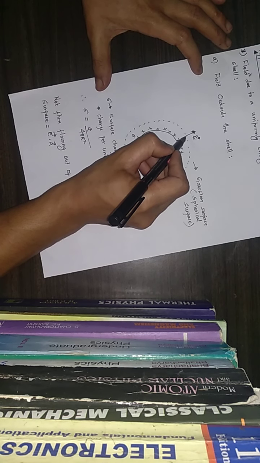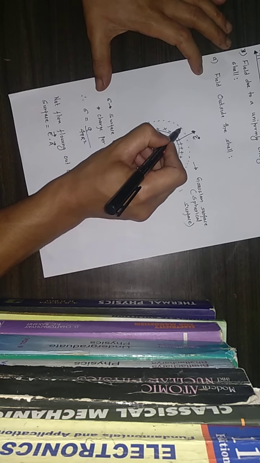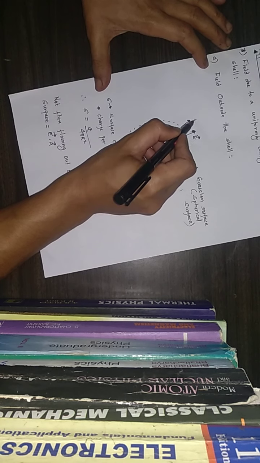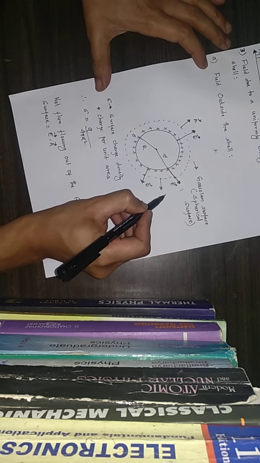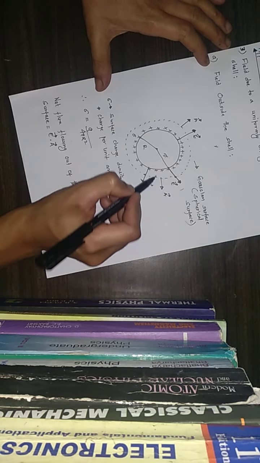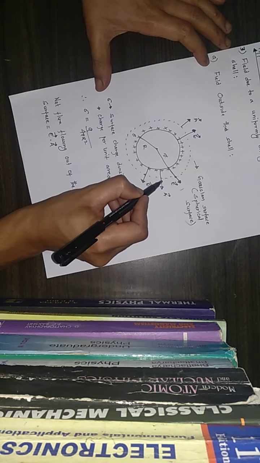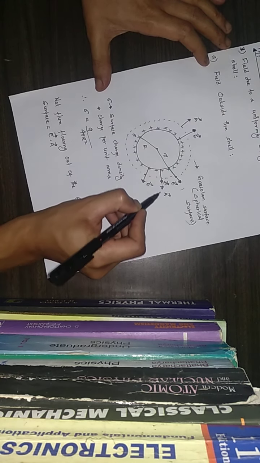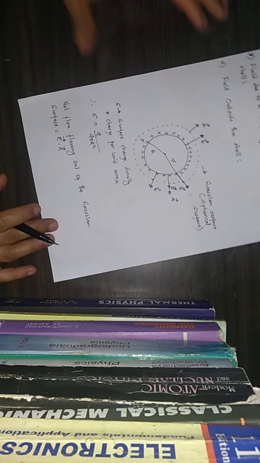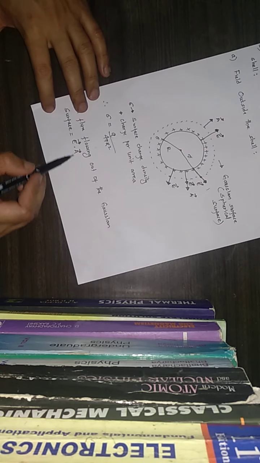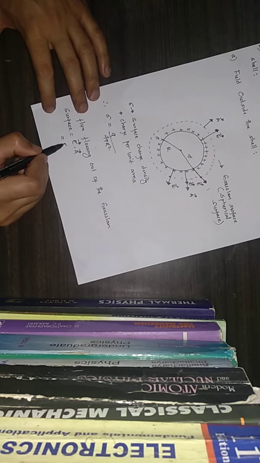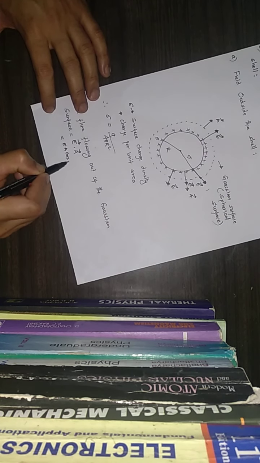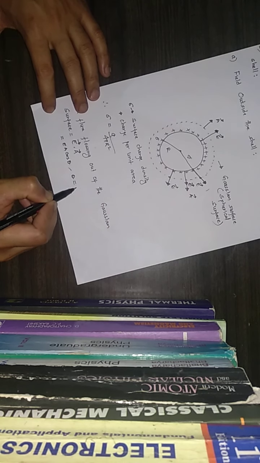Since the area vector for the Gaussian surface will also be outward at every point, here your electric field is outward and the area vector is also outward. That means there is a 0 degree angle between E and A. So flux is E A cos theta, where theta is 0 in this case.